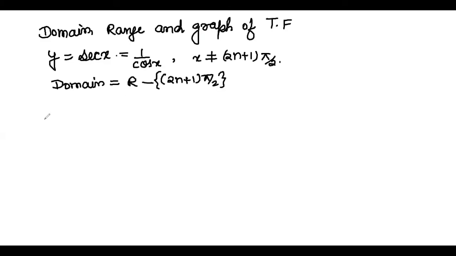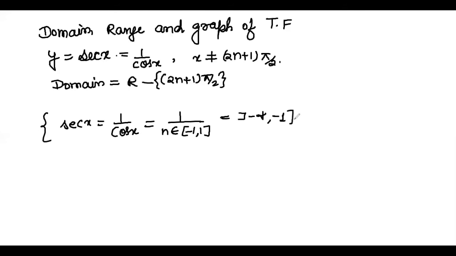Now the range value we'll discuss. We know that sec x is 1 by cos x, and we know that the range value of cos x is the closed interval -1 to 1. So according to that I'm writing it. So cos x belongs to the closed interval -1 to 1, and here we are getting the sec x range value, that is -infinity to -1 union 1 to infinity.